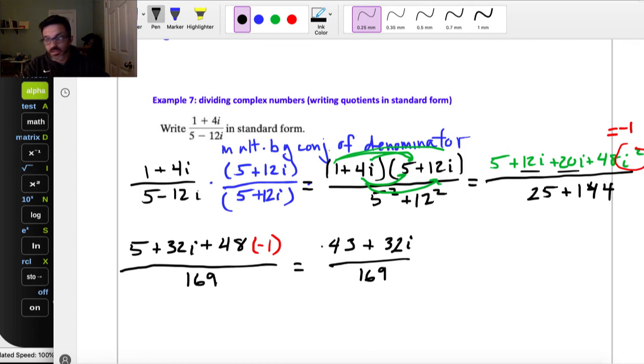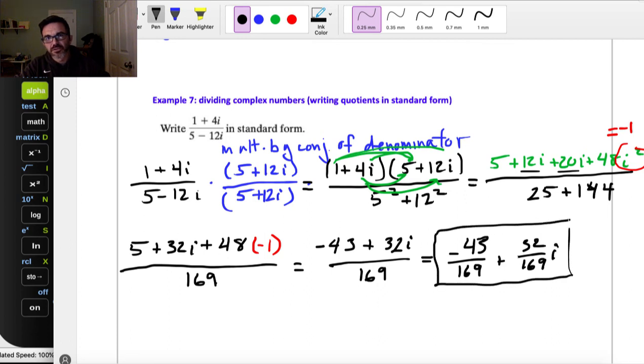Sorry, this should be a negative 43. So negative 43 plus 32i over 169. And now we can write it in standard form. That's negative 43 over 169 plus 32 over 169 i. And so there we have done the division and written the answer in standard form.